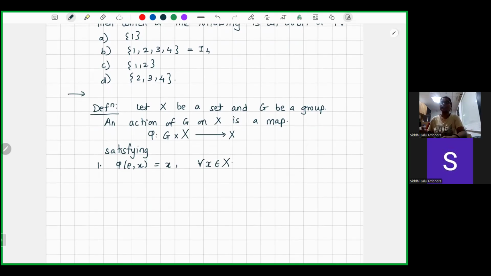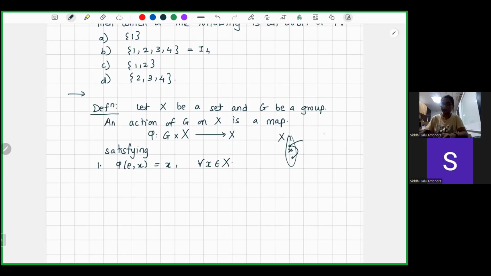When the identity element e acts on any element from my set X. So G is now acting on this set X. The first thing we need is that when G acts on this X, the element must again lie in this set X.